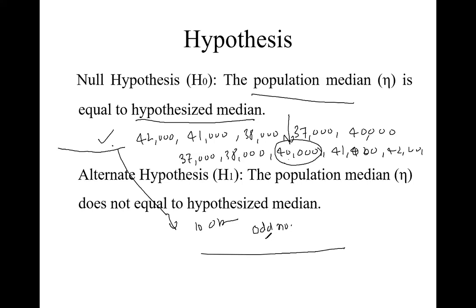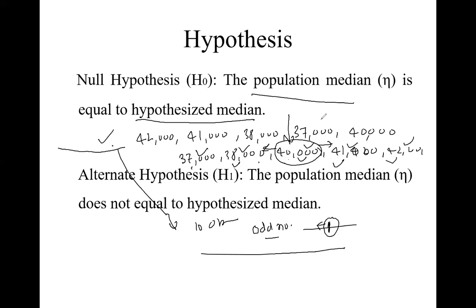We arrange in ascending order and the middle value tells us the 50%. Here there are 5 observations, 1, 2, 3, 4, 5. So 40,000 is the median value. It tells us 50% of observations are below this: 37,000 and 38,000 are below the 40,000. And 50% are above this value: 41,000 and 42,000 are above the 40,000.